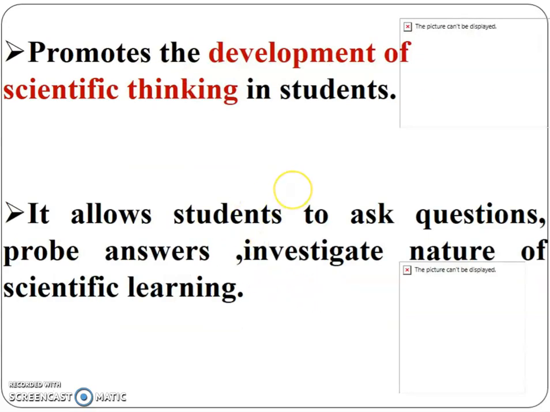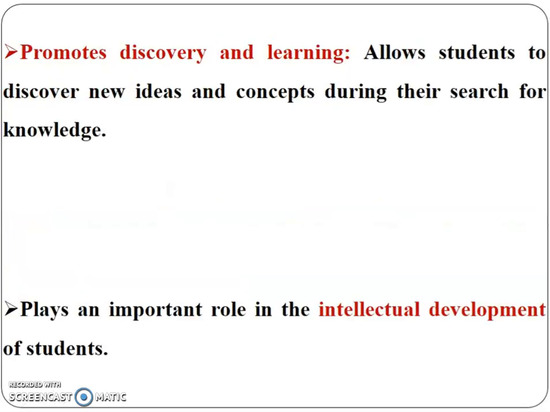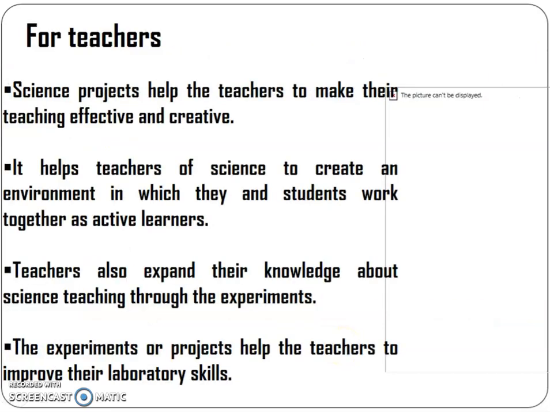It promotes the development of scientific thinking in students, and it allows students to question, probe answers, and investigate the nature of scientific learning. It also promotes discovery and learning, as it allows students to discover new ideas and concepts during their search for knowledge. It also plays an important role in the intellectual development of students.